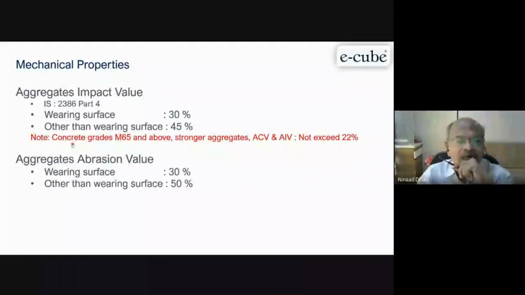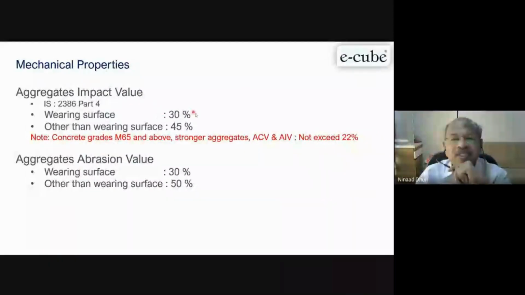Now the new requirement has come in IS 2386 2016, because this code, 383, has recently been revised in 2016, and now we are always going for very high grade concrete, M60, 70, 80, 90, 100. So here they say this limit is 22%.